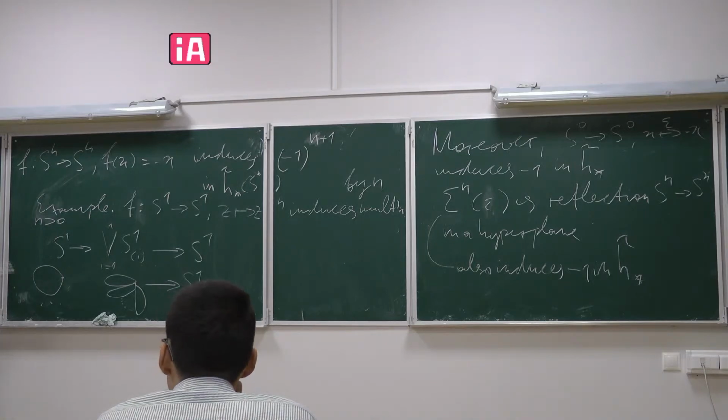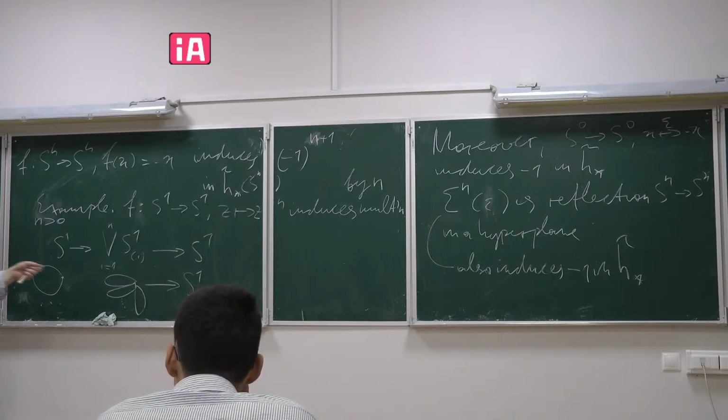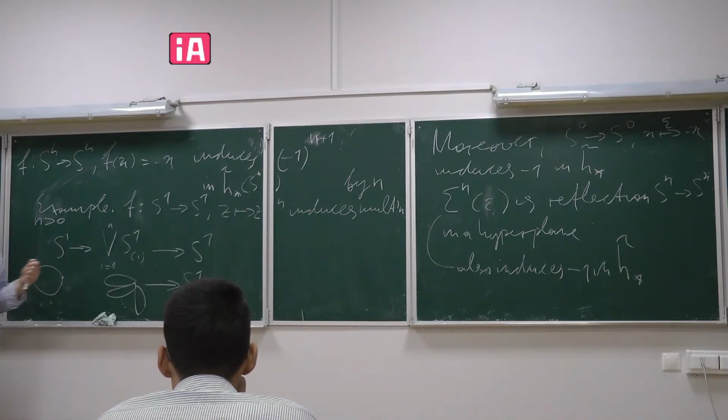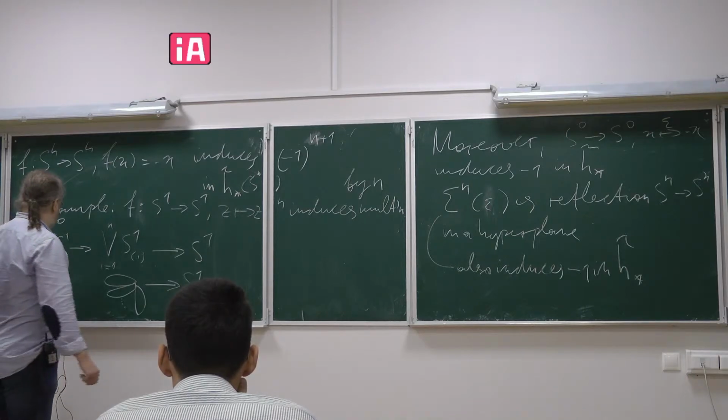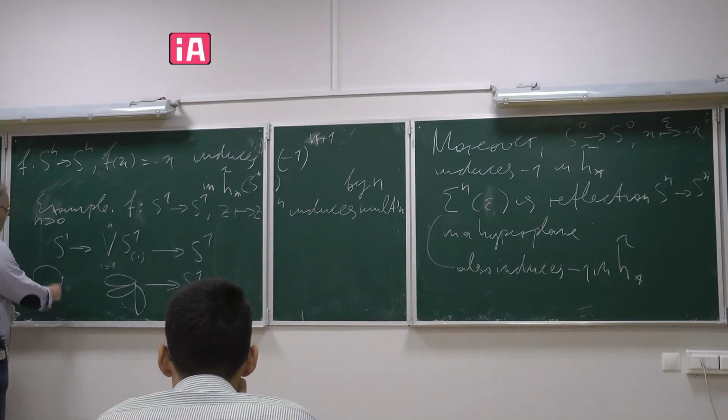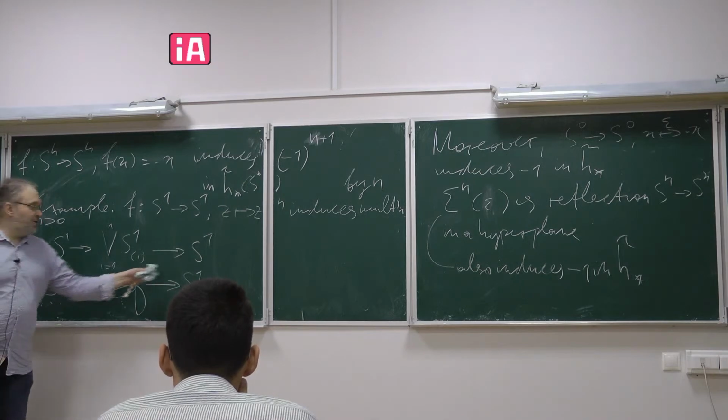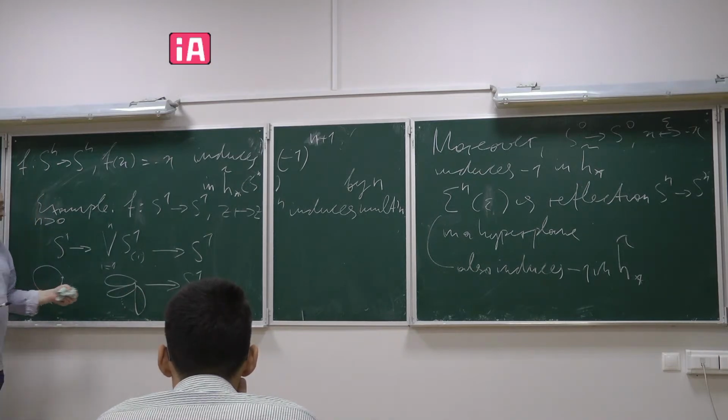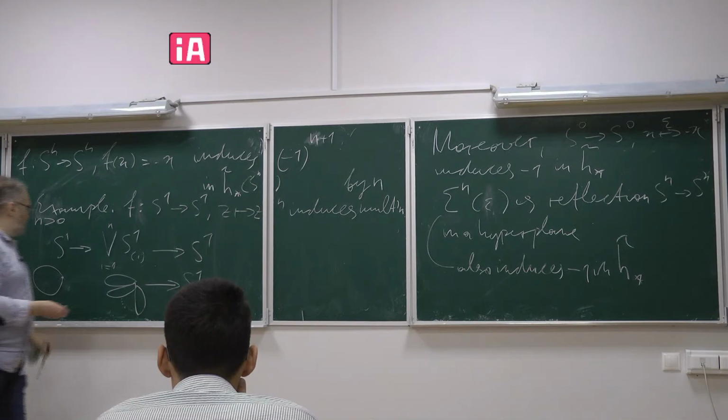Yes, the reduced homology of this wedge is the sum. So we have the following thing. We have this circle, which first goes to the wedge, and then the wedge goes to S1 again.